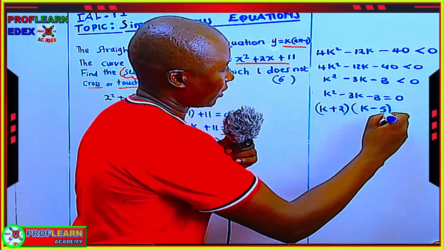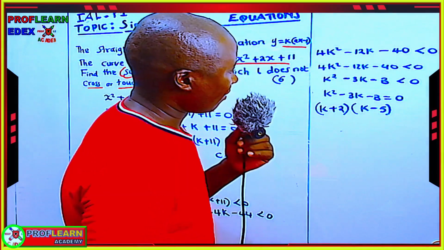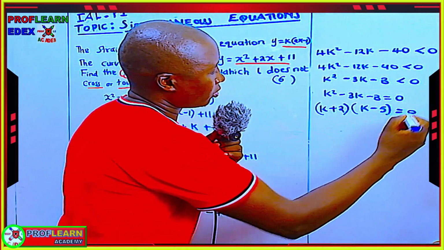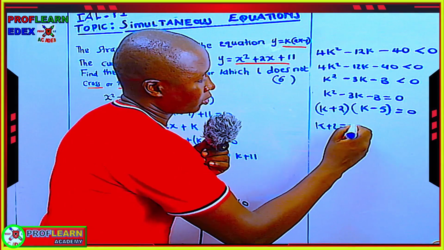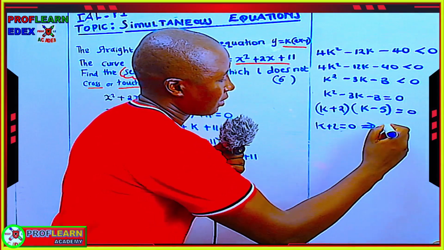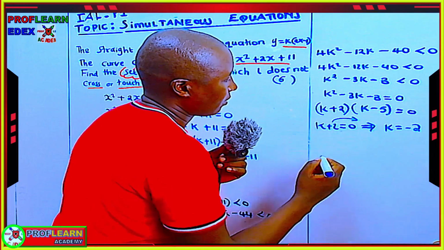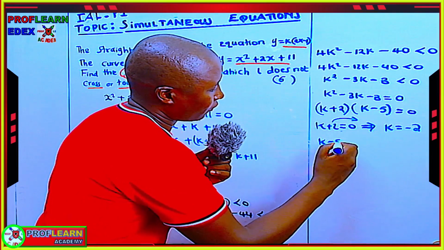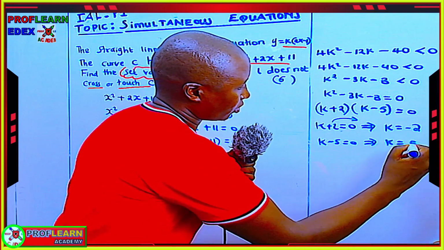Factorizing, we get k plus 2 and k minus 5 equals 0. So k plus 2 equals 0 implies k is negative 2, and k minus 5 equals 0 implies k is equal to 5.